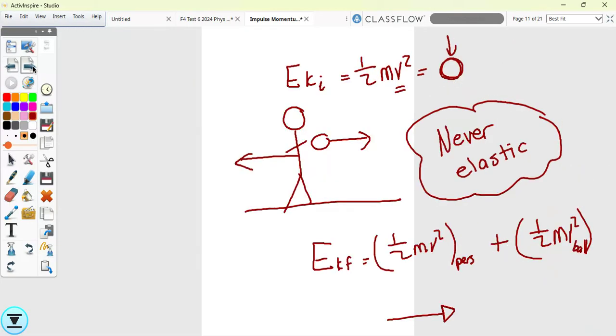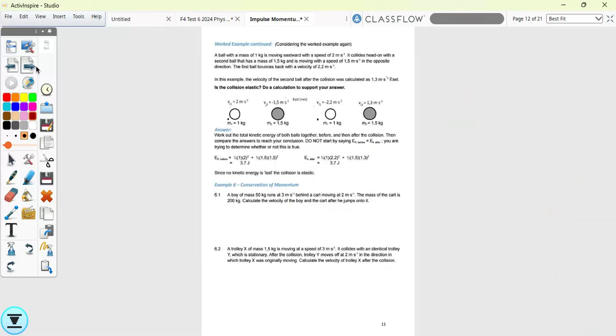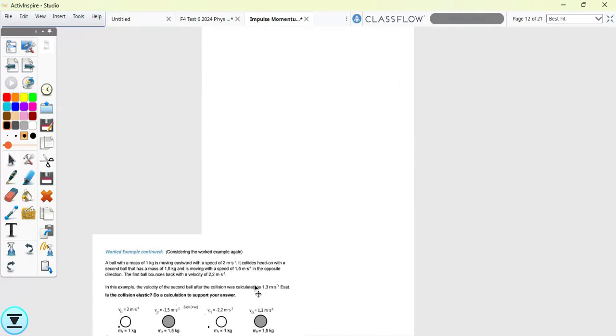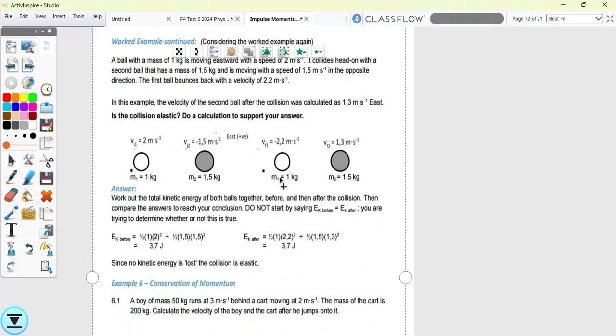When you get a question like this in the exam, the first one is done for you. I'm just going to talk through it, but I'm not going to actually do it. What they do here is give you the velocities and everything. Now, when you're working out EK before, they did put a plus and a minus.